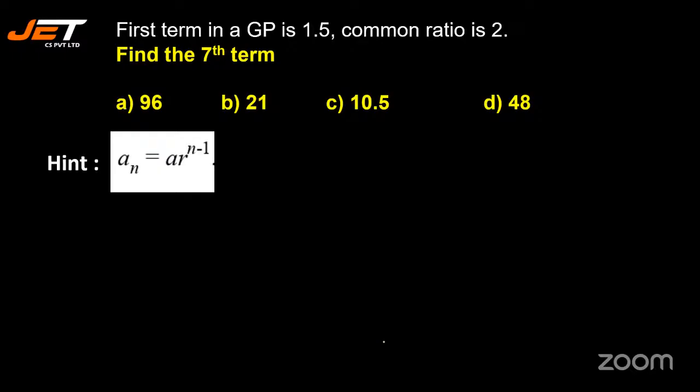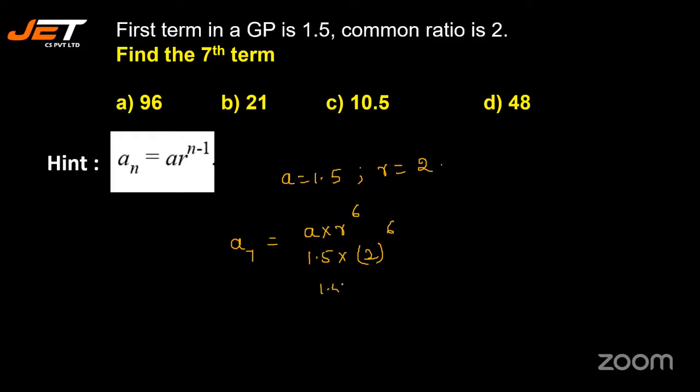The first term of a GP is 1.5, which means A is 1.5. The common ratio R is 2. Find the seventh term. Means A7 is equal to A into R to the power 7 minus 1, which is 6. So what is A? 1.5 into R to the power 6.